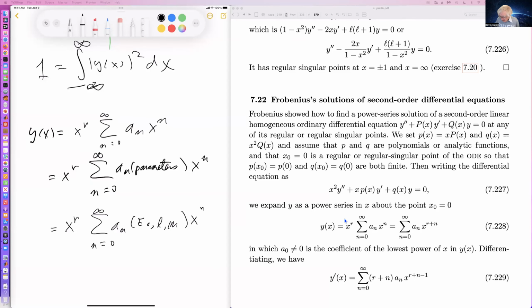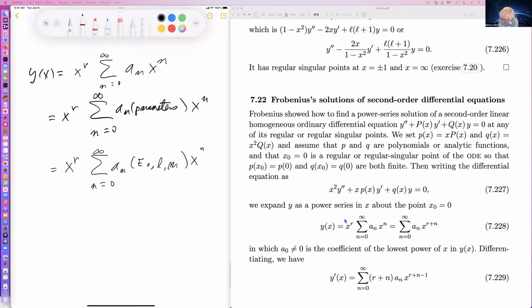And what would happen is that the formula for these coefficients would be such that you could see that this would not give you a square integrable function unless the coefficients terminate at some point. And that then gives you a condition that, say, a sub k of E0, L, and M has to equal 0. And then the recursion relation tells you that all the higher coefficients also vanish.